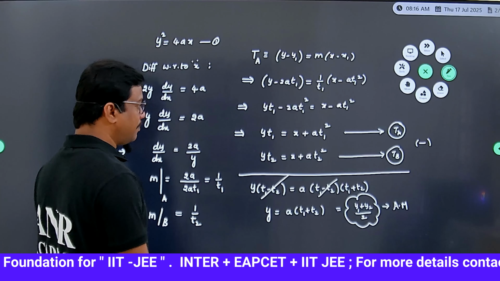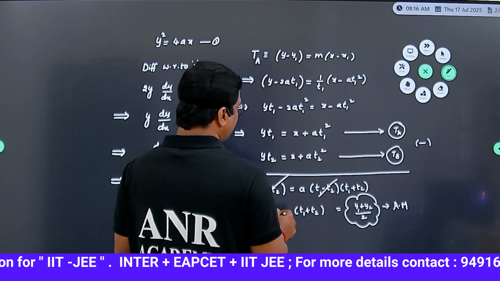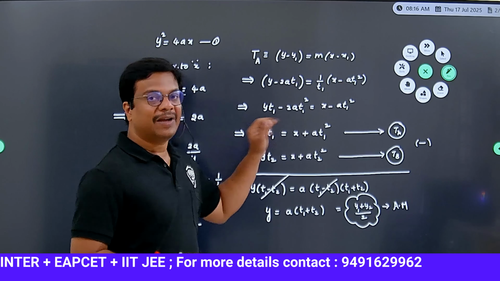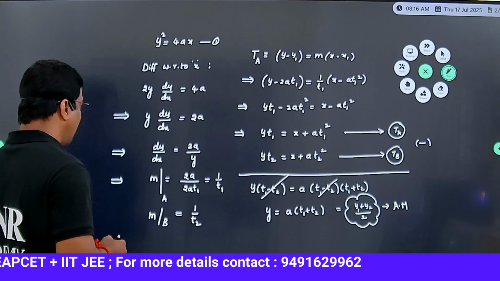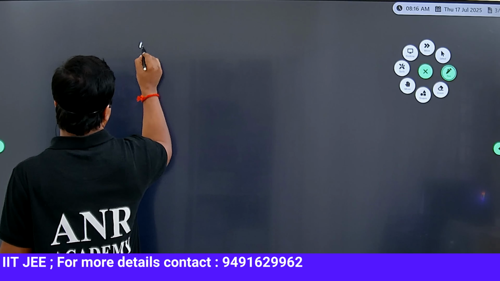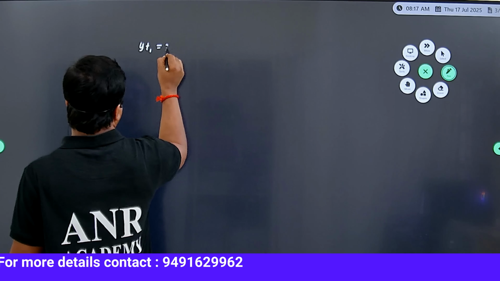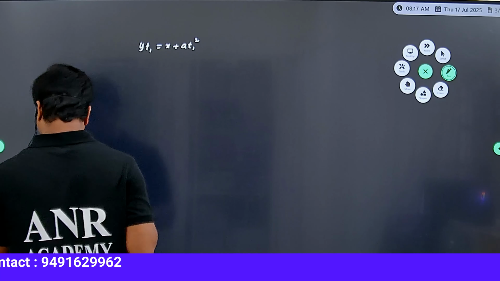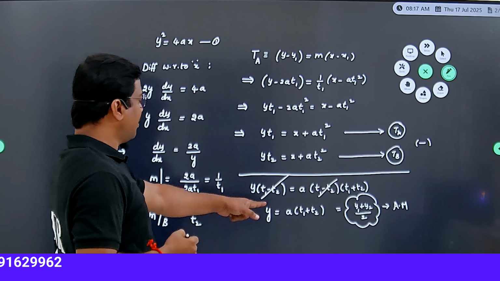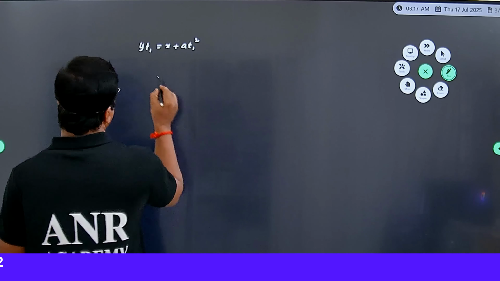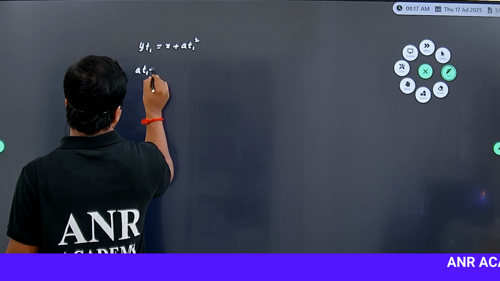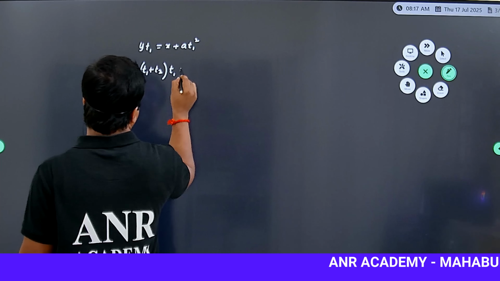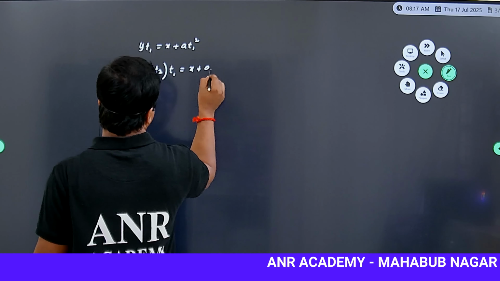Next, substituting the value of y in this, we get the value of x. You know that yt1 equal to x plus at1 square, and just now we got the value of y, that is a of t1 plus t2. So a of t1 plus t2 multiplied by t1 equal to x plus at1 square.